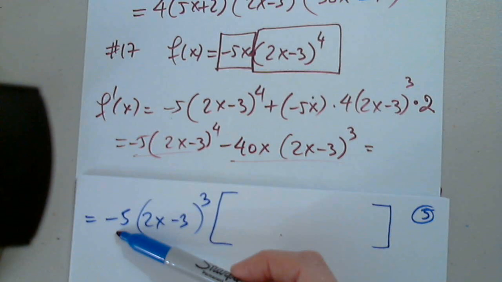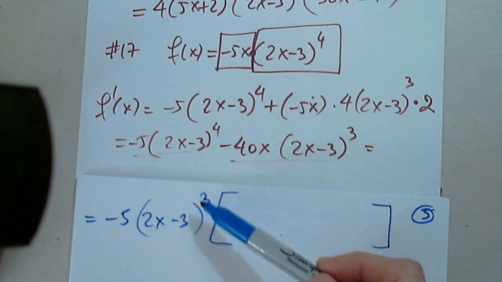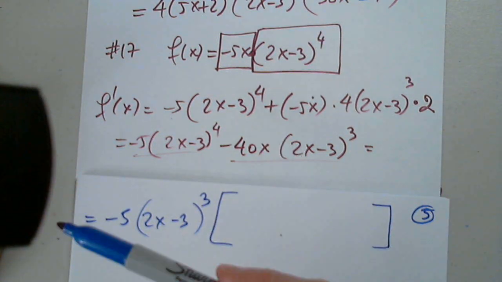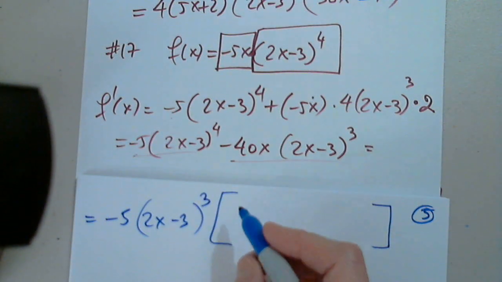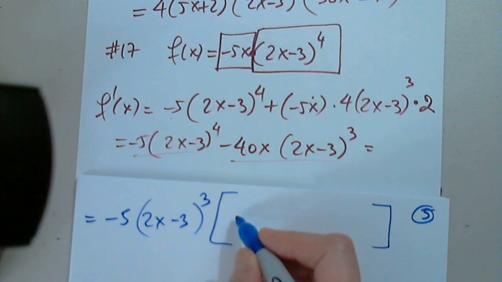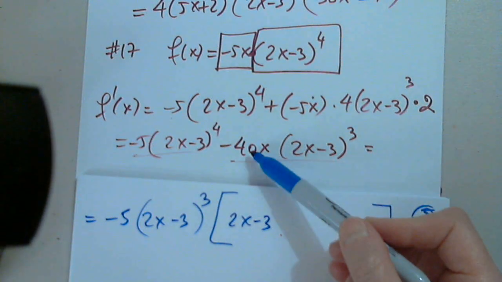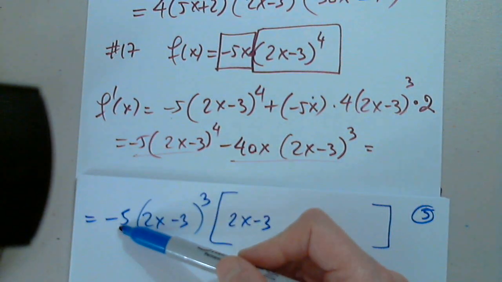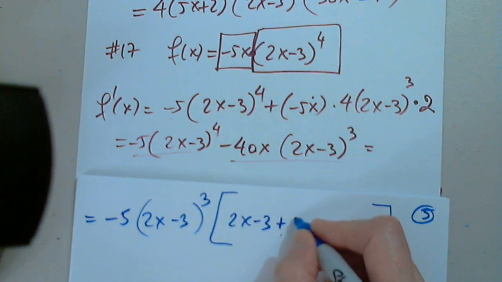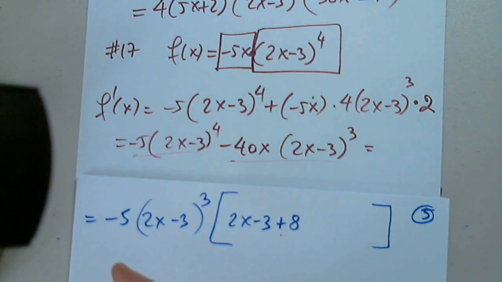The negative 5 is out. From these 4, we removed 3 of those. They're out. Is there anything left? It's just 2x minus 3. Excellent. From negative 40, we took out negative 5. So it's positive 8 left in.